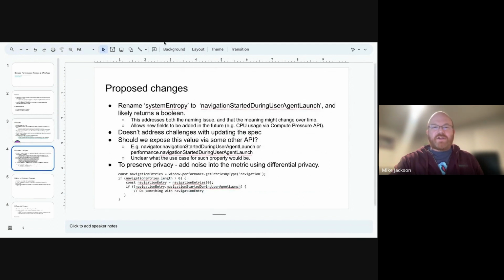In terms of the proposed changes, we're certainly open to having conversations about naming here. But as part of the feedback and the fact that the value of this degrades over time, our partners were basically asking, if it's high, we want to know why it's high. Was it because of CPU? Was it because of memory consumption? Whatever.